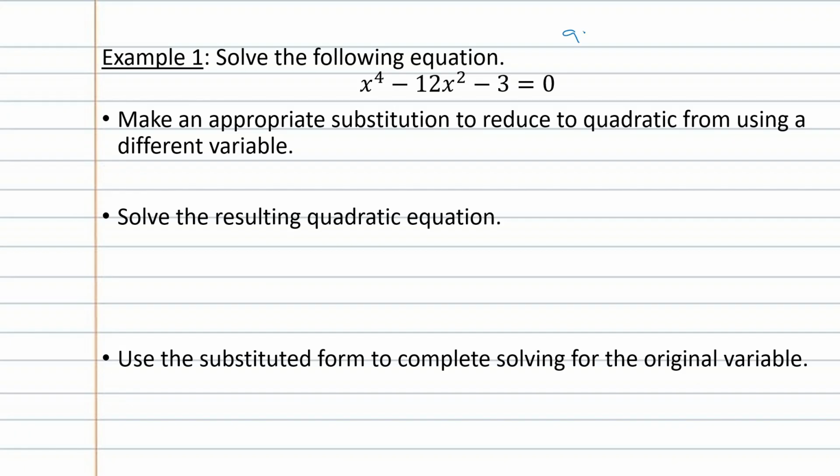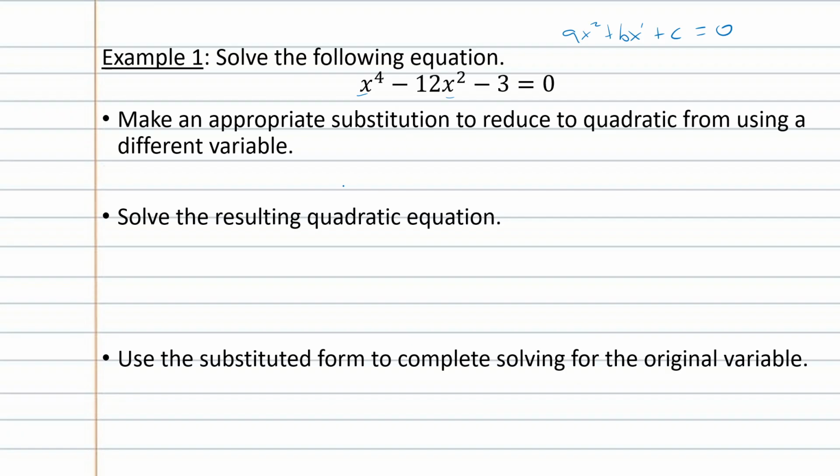In a quadratic, we'd have ax squared plus bx plus c equals 0, right? Here we have an x to the fourth and here we have an x squared. So we're doing a step down by a factor of 2, just like we go from a squared to a factor of 1.